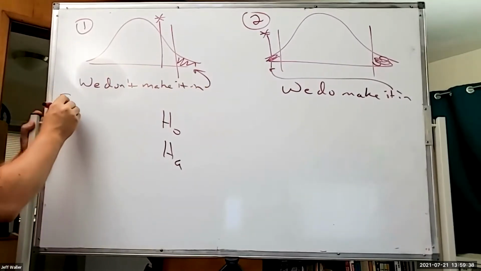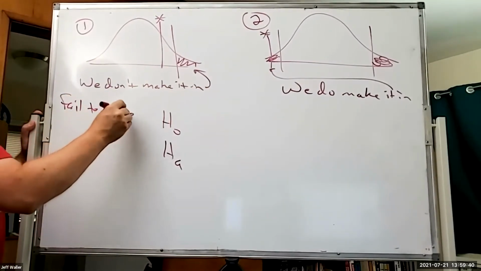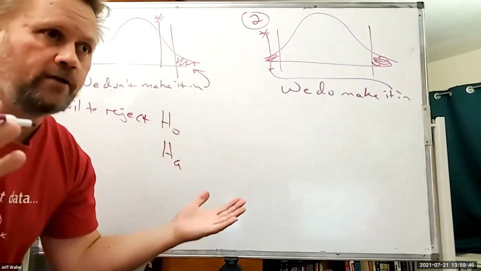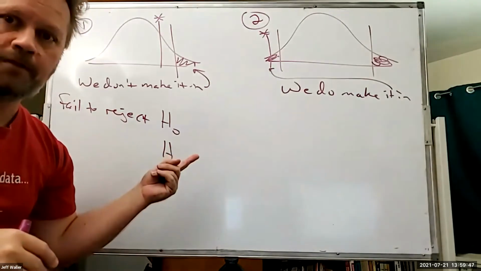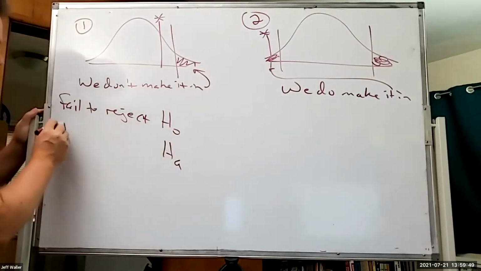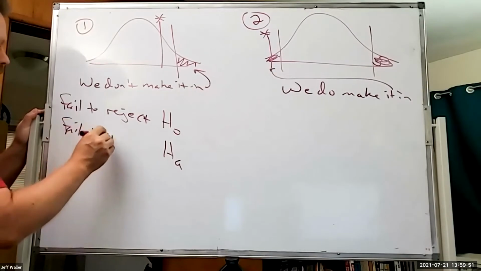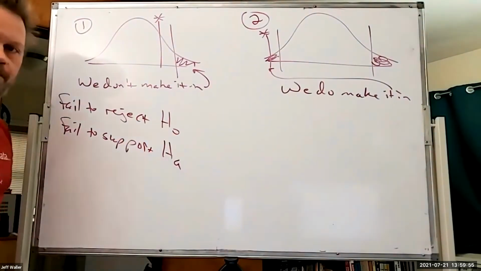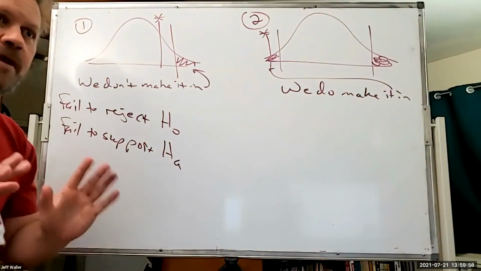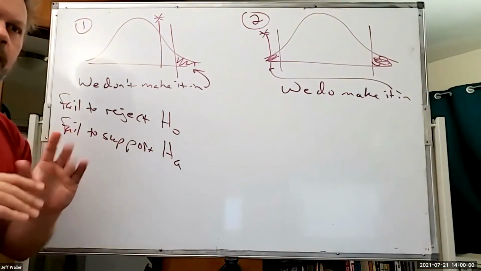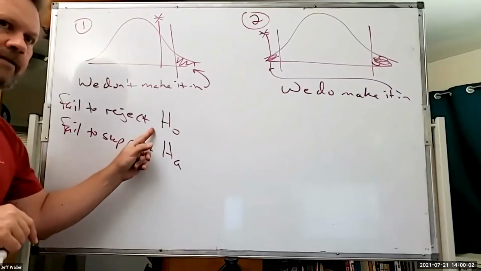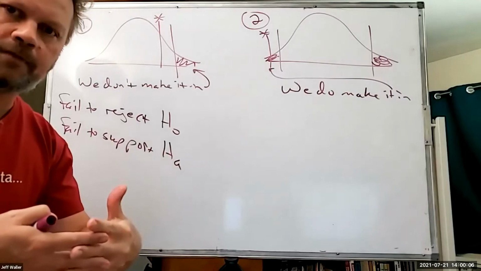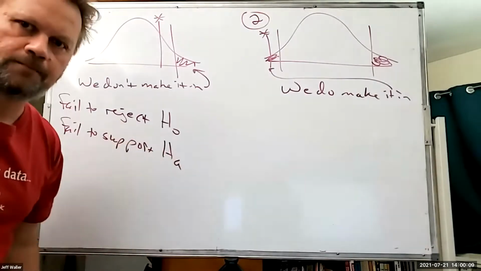So we fail to reject the H0, and of course that means we fail to support the HA. Because if I can't say this one is wrong, I cannot say this one is right. They go together. I just said the same thing twice.